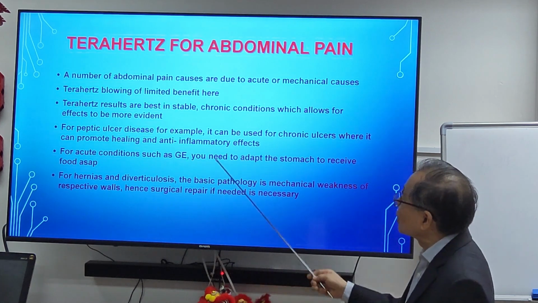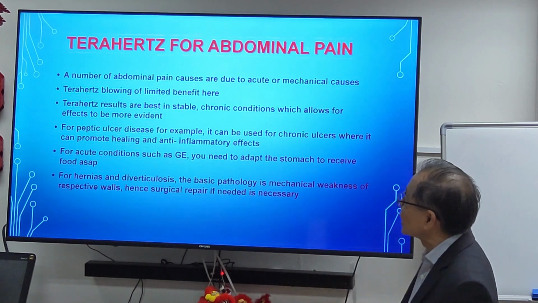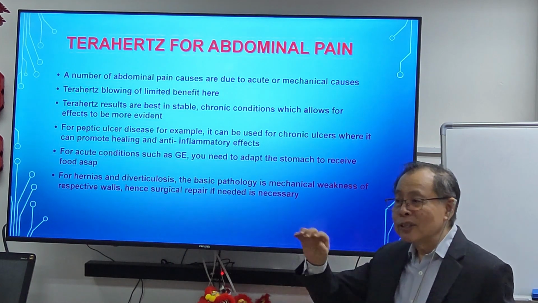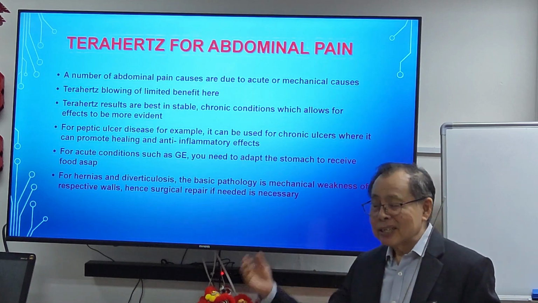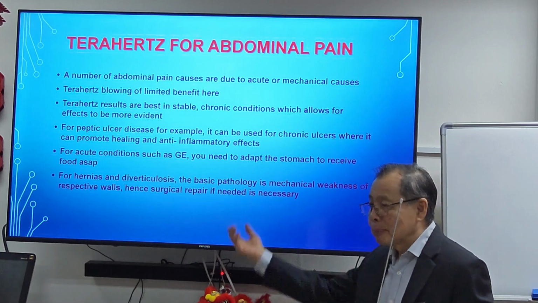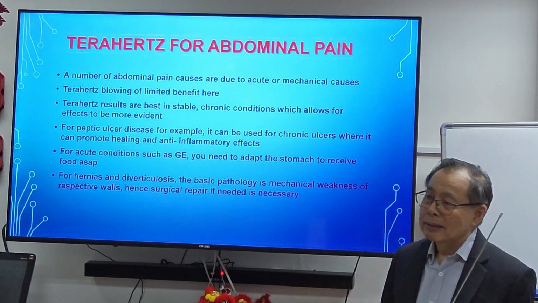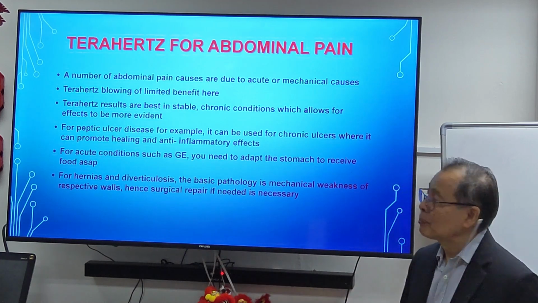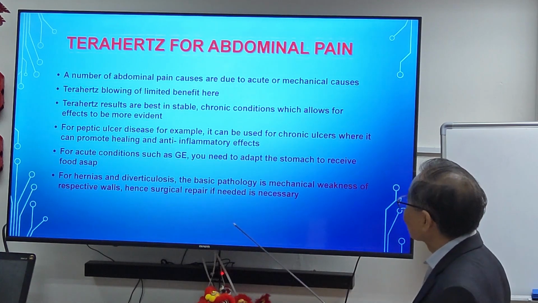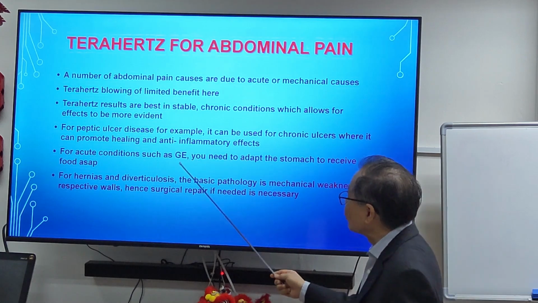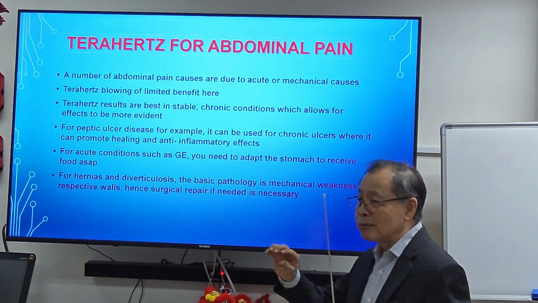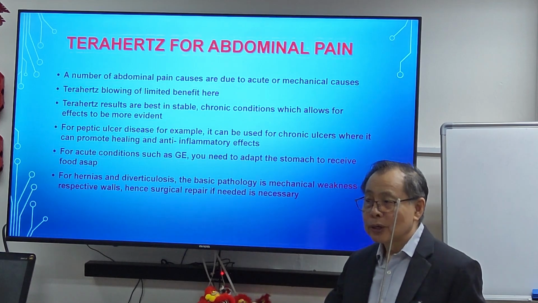But you must remember that acute conditions are unstable, they change all the time. Whether it's acute appendix or peptic ulcer, or gallbladder disease, or pancreatitis, it changes all the time. Especially for gastric flu, you need to adapt your stomach to receive food as soon as possible.